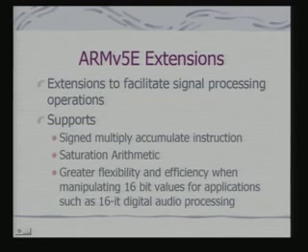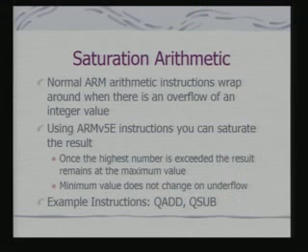So, what is really saturation arithmetic? Normal ARM arithmetic instructions typically wrap around when there is an overflow of an integer value. I hope you know all that. That is, when it is all 1s in 32 bits, and if I try to add 1, its value will become 0.